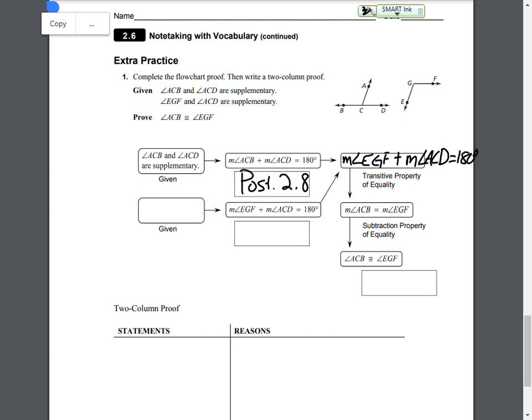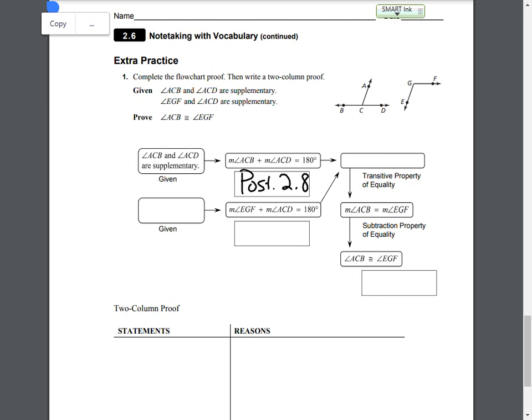If the measure of angle ACB plus the measure of angle ACD equals 180, we'd say 180 equals EGF plus ACD. Right? There's our transitive property. I'm sorry, I messed that up. I didn't look below. My bad.